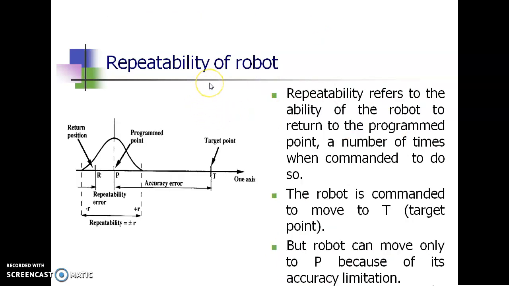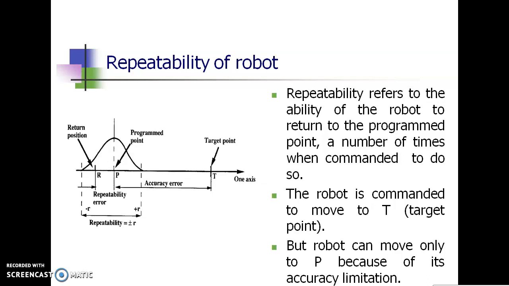The next one is repeatability of the robot. The repeatability refers to the ability of the robot to return to the programmed point a number of times and commanded to do so. So, if the robot is asked to go to a particular point again and again, then it has to reach the same point all the times, but it will not happen.